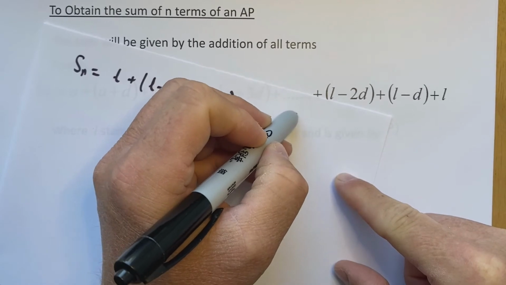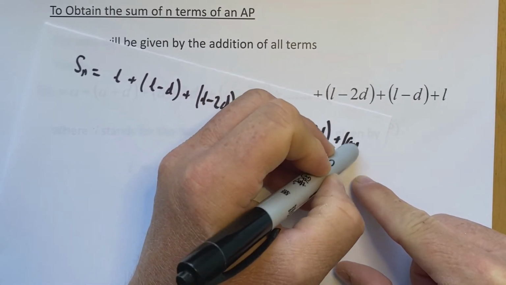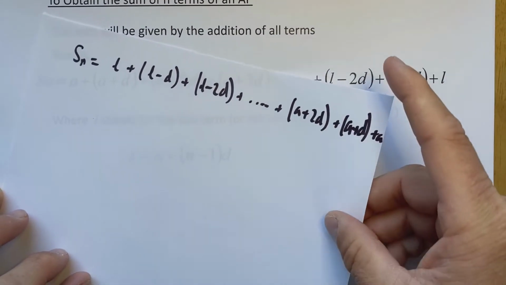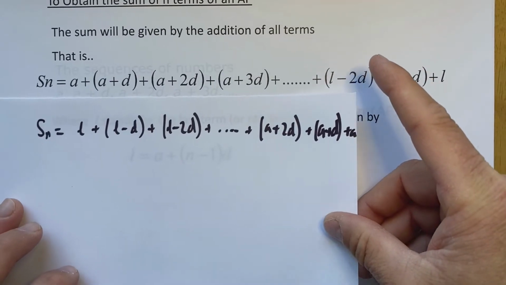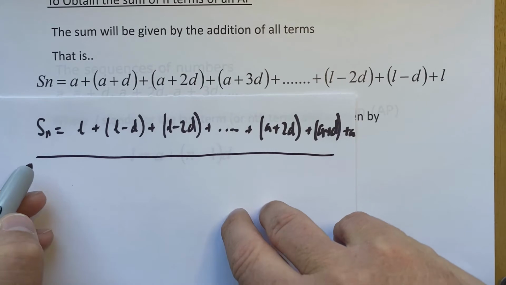I'll just write a couple there, A plus 2D, A plus D, and A. So I have two expressions for working out the sum of n terms.